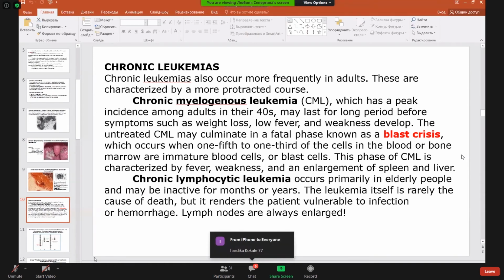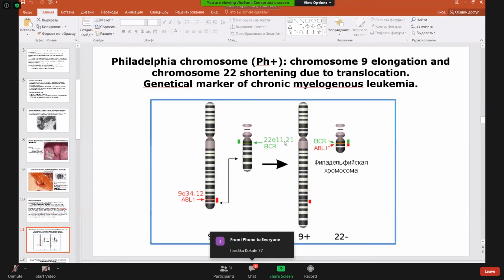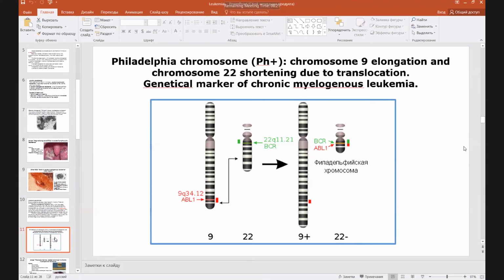And now I will demonstrate the specific features of chronic myelogenous leukemia. And first of all, the so-known Philadelphia chromosome. Philadelphia chromosome is characterized by translocation between chromosome 9 and 22.